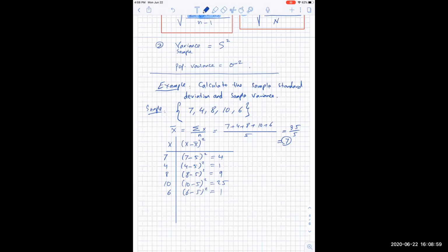And then I'm going to say S is the square root of the sum. So I'm going to find the sum of these squares. 4 plus 1 is 5, 10, 15, 40. That's the sum of the squares.